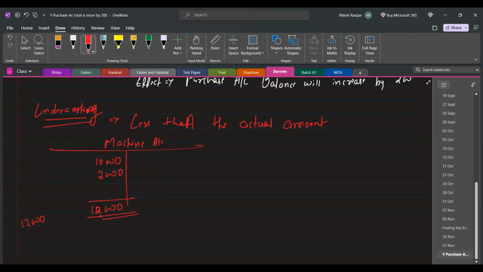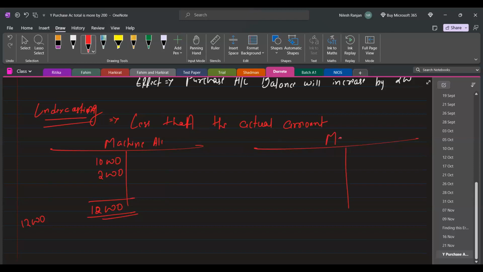No, sir, I understood. Only on overcasting, or undercasting? Yes, just on the undercasting, you write it on the credit side. Yes, I understand. I'm writing overcasting also here.